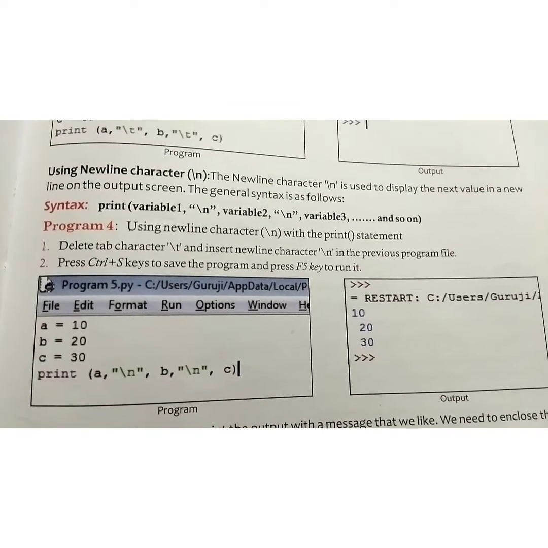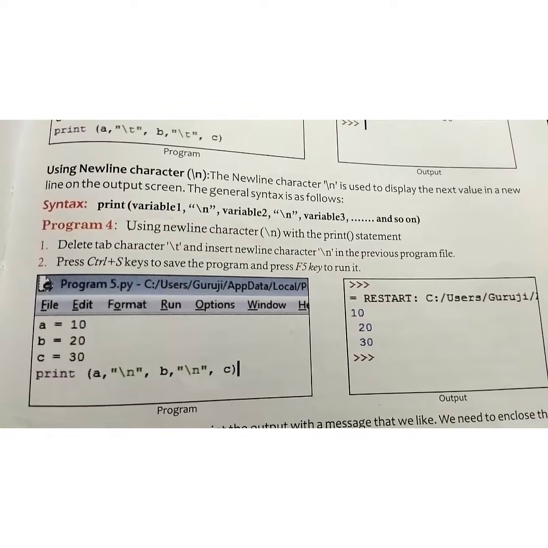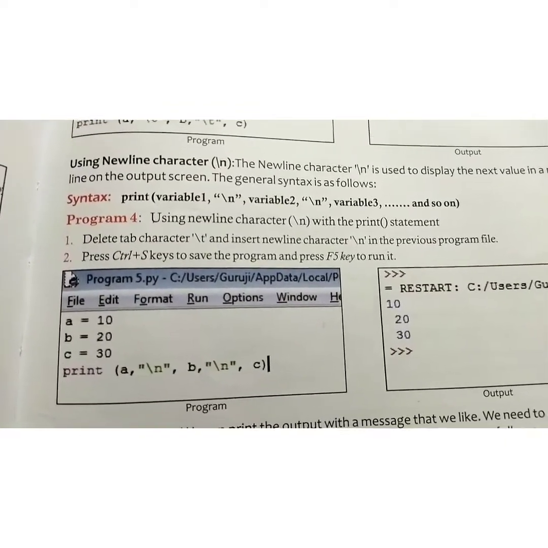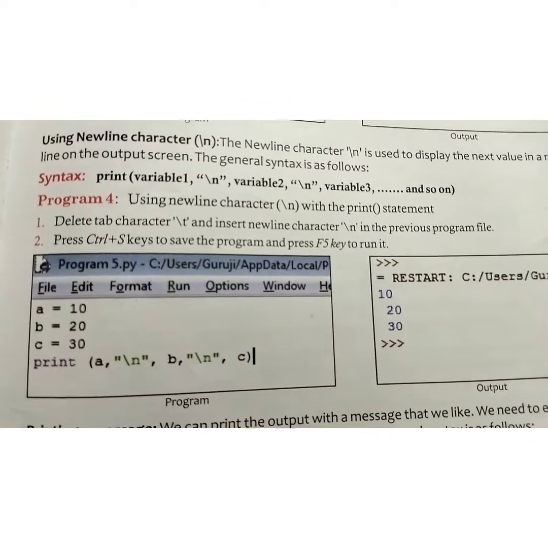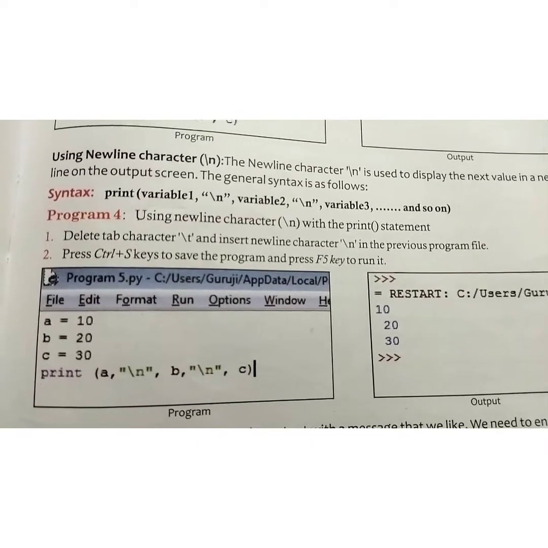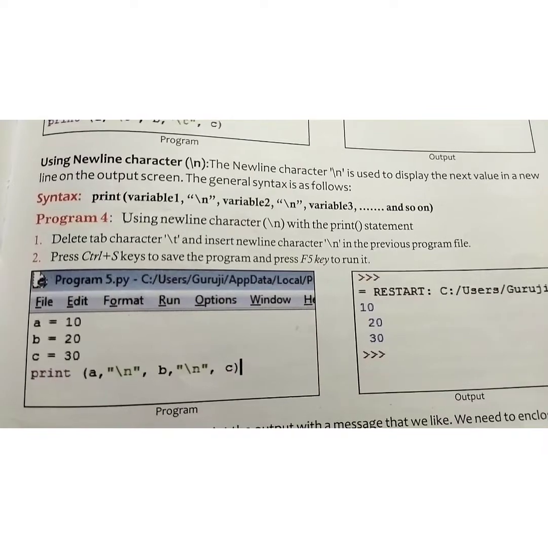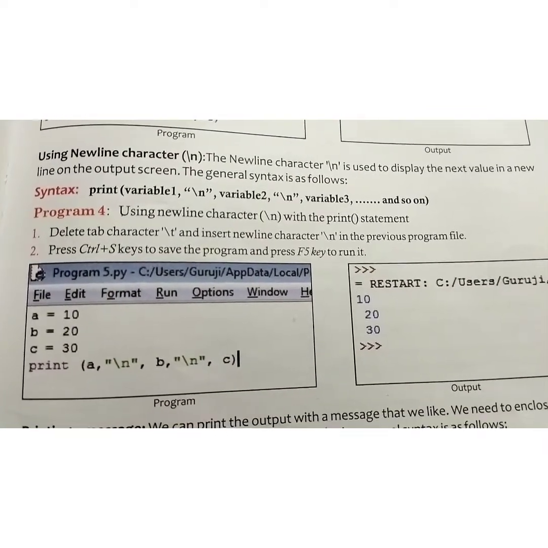Delete the tab character \t and insert the new line character \n in the previous program file. So the program is: A 10, B 20, C 30, and print A \n, B \n, C. After saving this program and running it with the F5 key, let's see the output: 10, 20, 30. So this program output is shown with new line spacing.